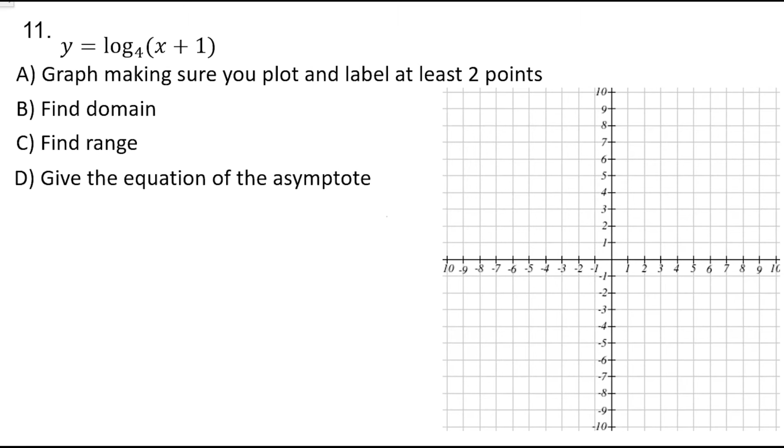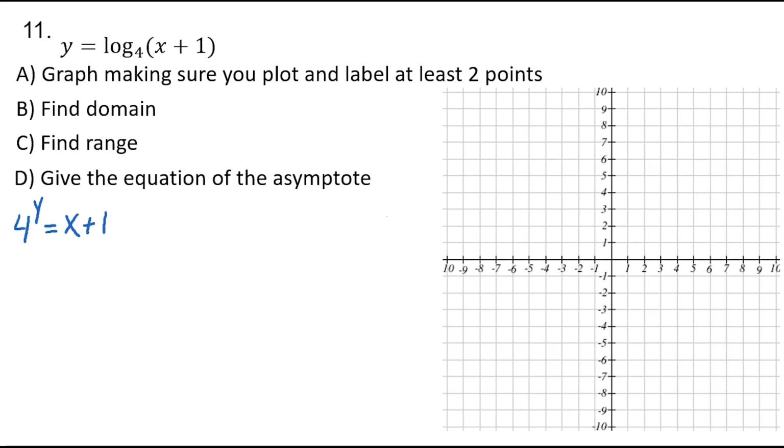First thing we want to do is put this in exponential form. So that would mean base 4 raised to y is equal to, I don't really need these parentheses, it's just equal to x plus 1.